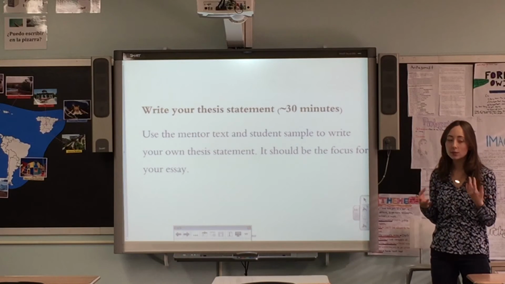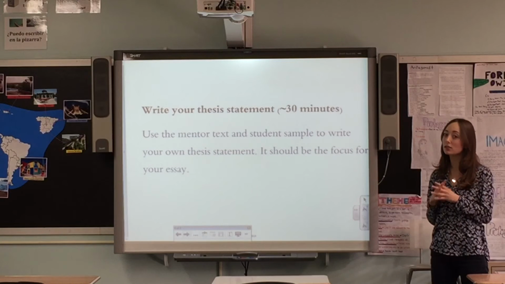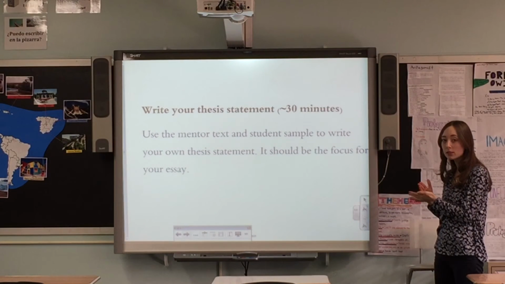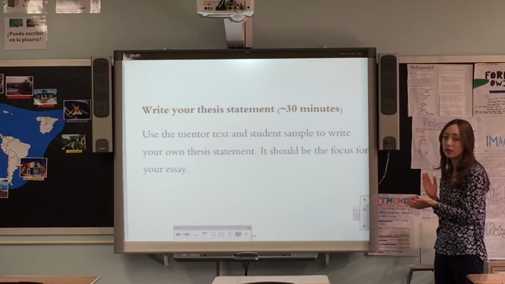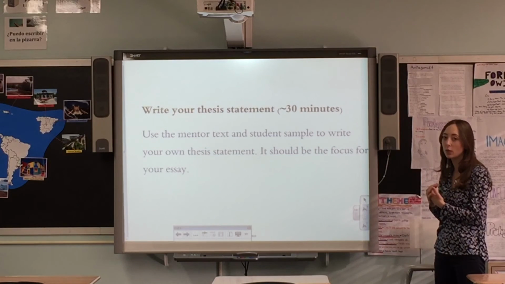We'll come back as a class, we'll hear some thesis statements and critique them, and that should really be a solid lesson. They're seeing a modeling of a thesis statement 3 times. We are brainstorming as a class, they're writing on their own, they're getting peer feedback, and finally, we're going to talk about it as a class one more time.